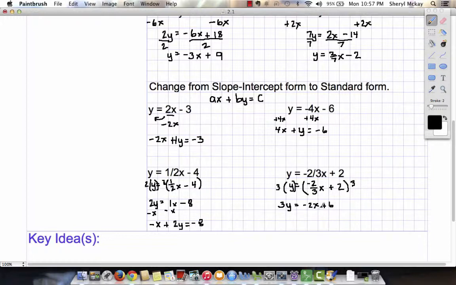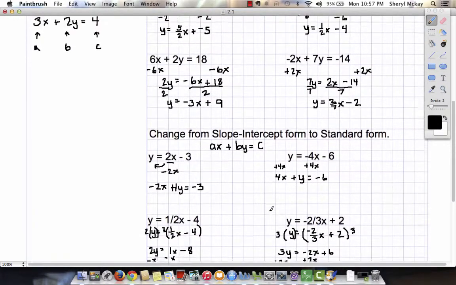Now all I have to do is move my x over, and I have 2x plus 3y equals 6. And that is how we convert slope-intercept form to standard form.